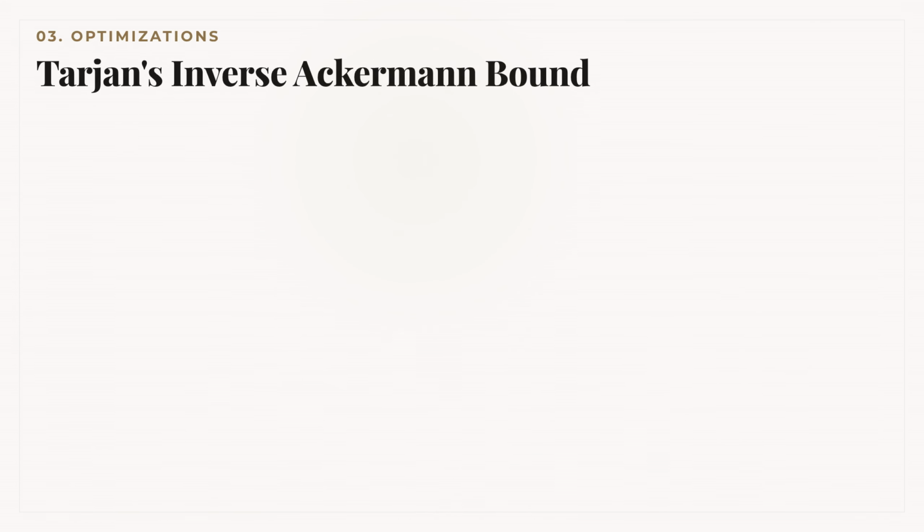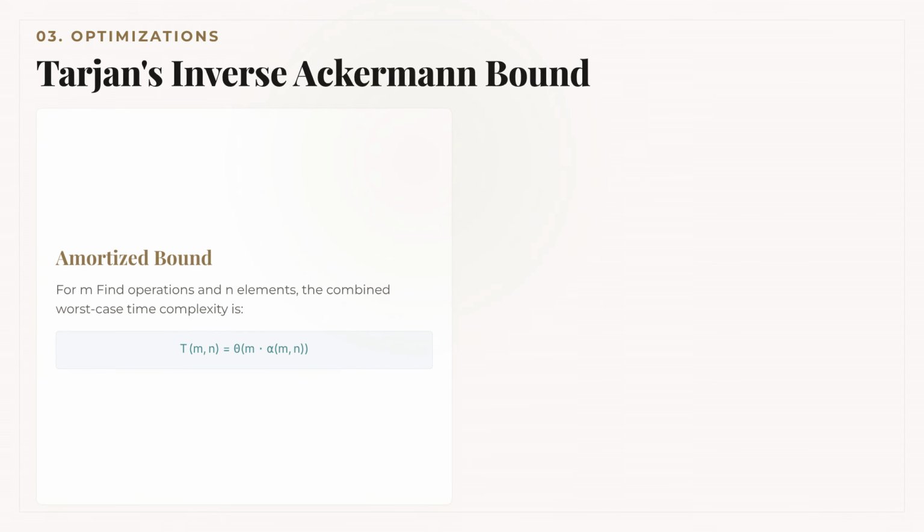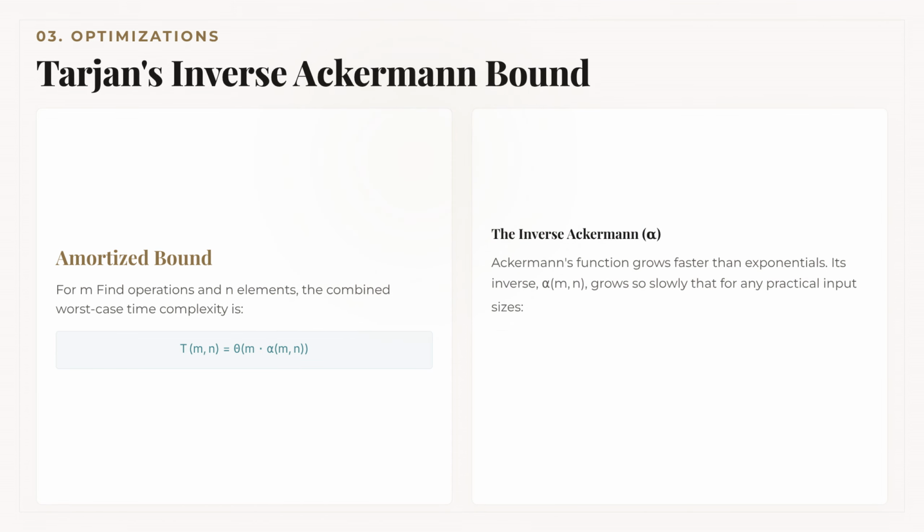Its inverse grows unbelievably slowly. For all practical input sizes that can ever occur in computer systems, the value of alpha is less than or equal to 4. This means that the average cost of each operation is practically constant. In other words, union find behaves almost like an O(1) data structure. This is one of the reasons why union find is considered one of the most efficient data structures ever designed.